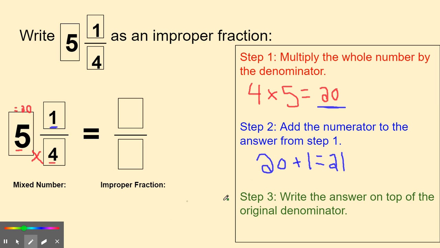And then step 3, write our answer on top of the original denominator. So we're going to write 21 on top of our original denominator, which was 4. So 5 1/4 is equal to 21/4 as an improper fraction.